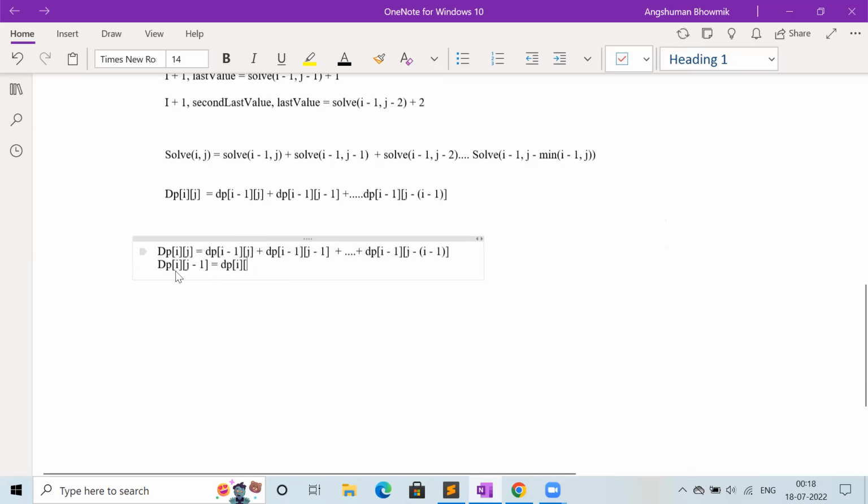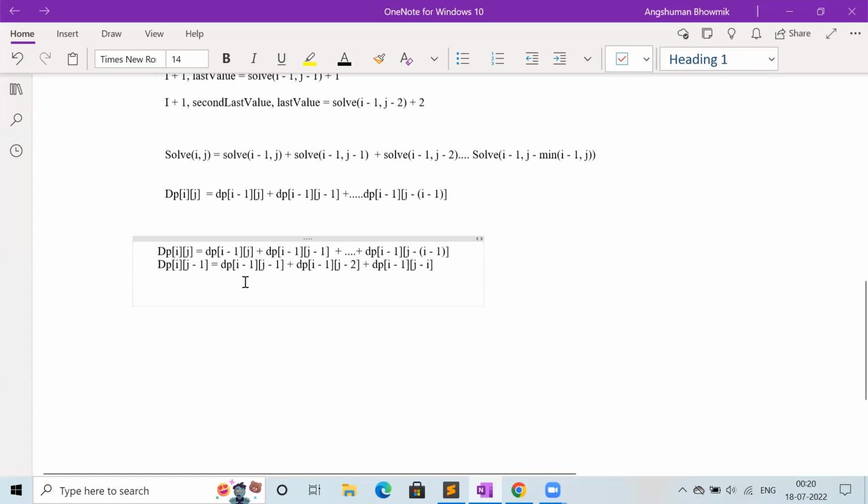It will be dp of i minus 1 j minus 1 plus dp of i minus 1 j minus 2 up till dp of i minus 1, and this will be j minus i, right?